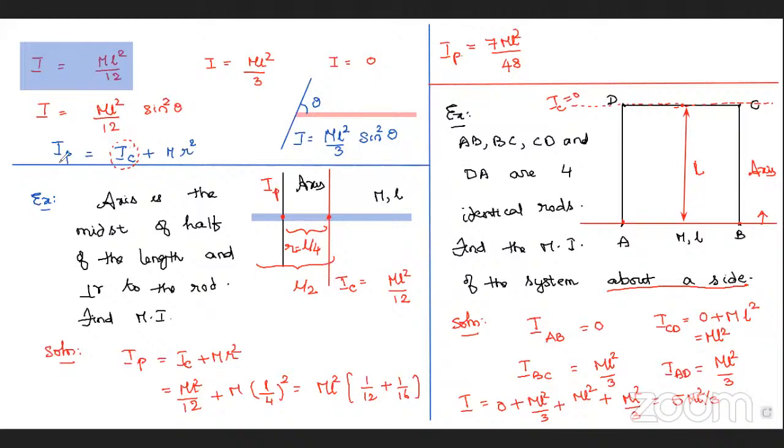Here, such type of questions, you should get the answers now for the thin uniform rod. Okay. And then here, suppose you take one non-uniform thin rod.